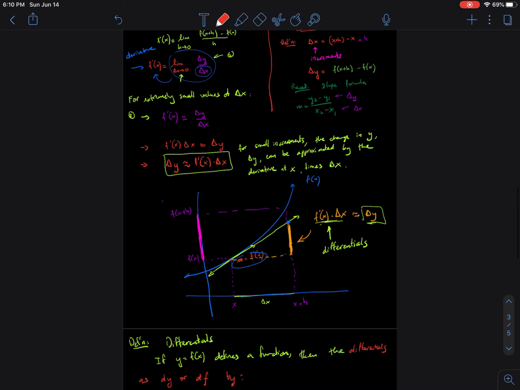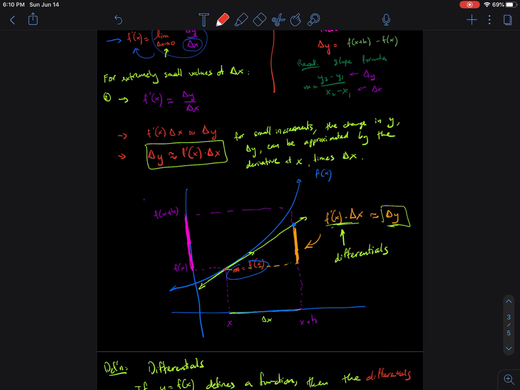From the definition of the derivative, we were able to come up with an approximation using small increments, extremely small increments. And from there, we manipulate this around and we get this formula. We define the right-hand side, which is f prime of x times delta x, as differentials.